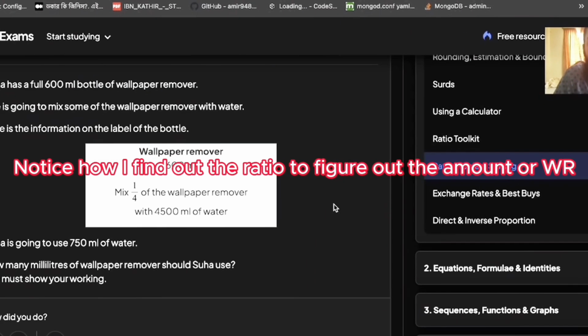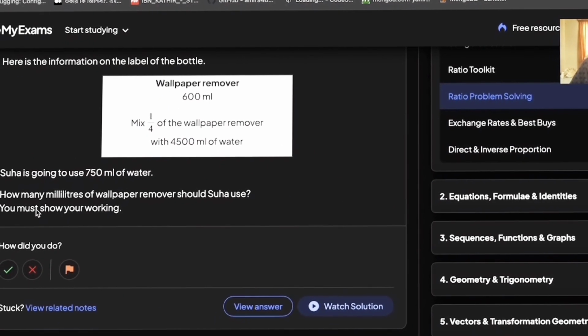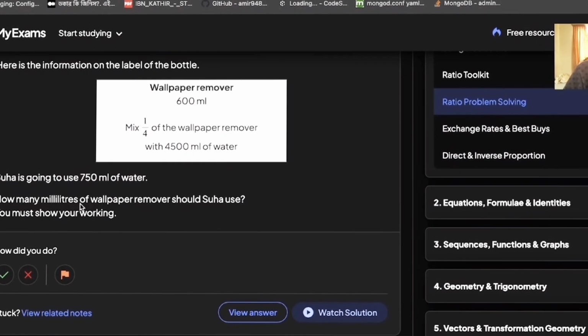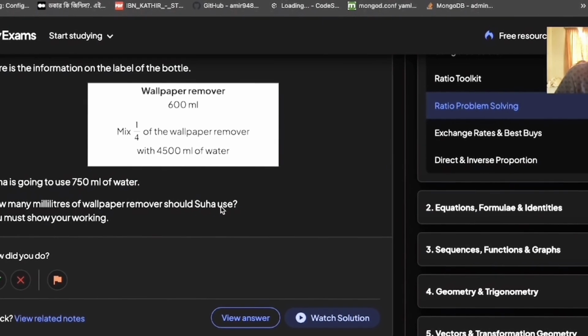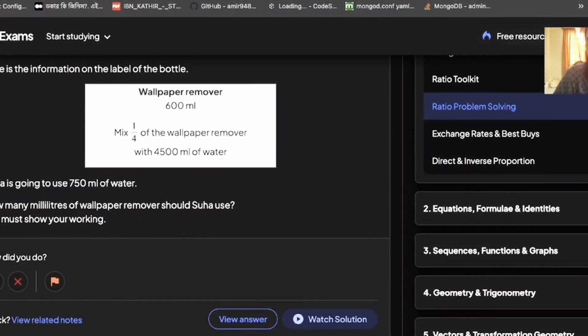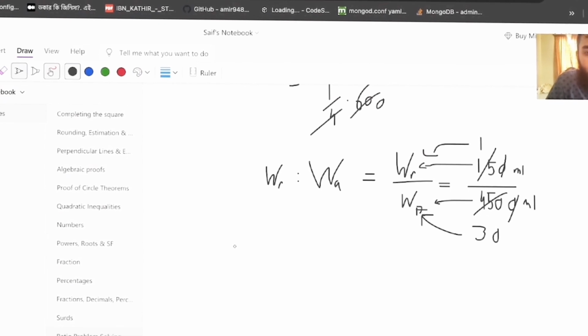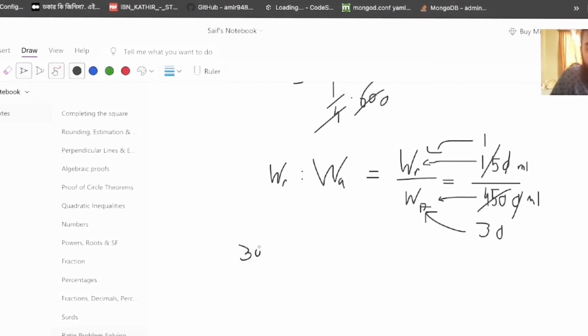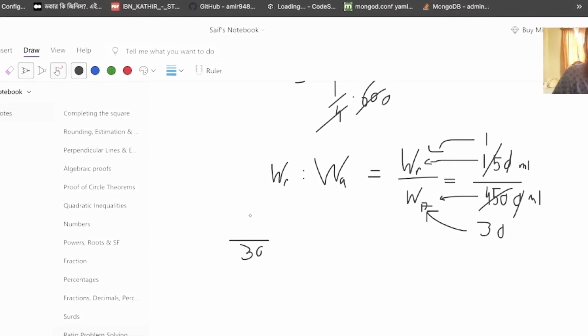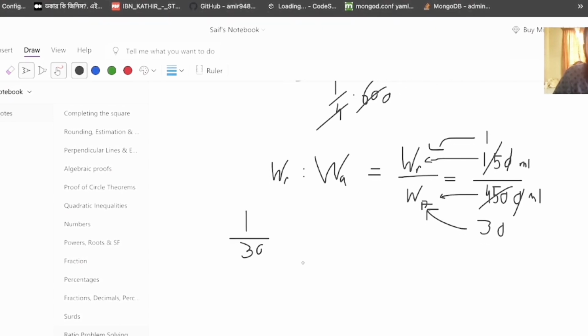Okay, what is required in the problem? How many milliliters of wallpaper remover should Suha use for 750 milliliters of water? For 30 milliliters of water, 1 milliliter of wallpaper remover is used.